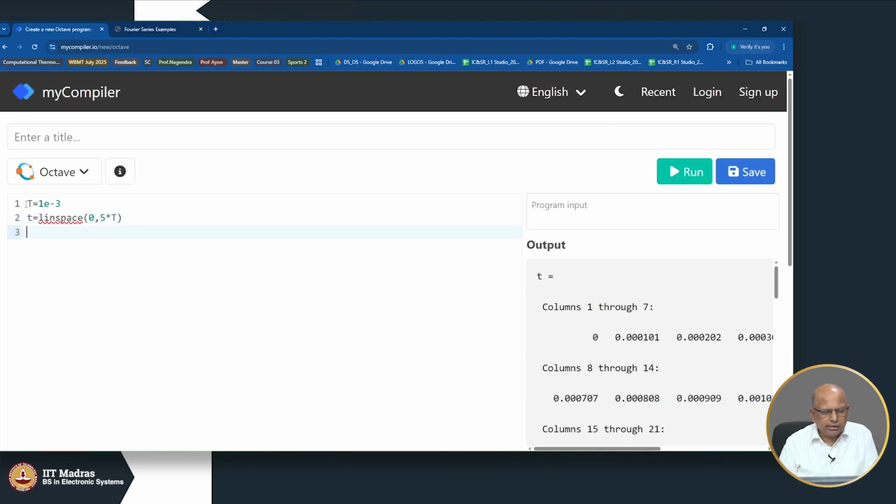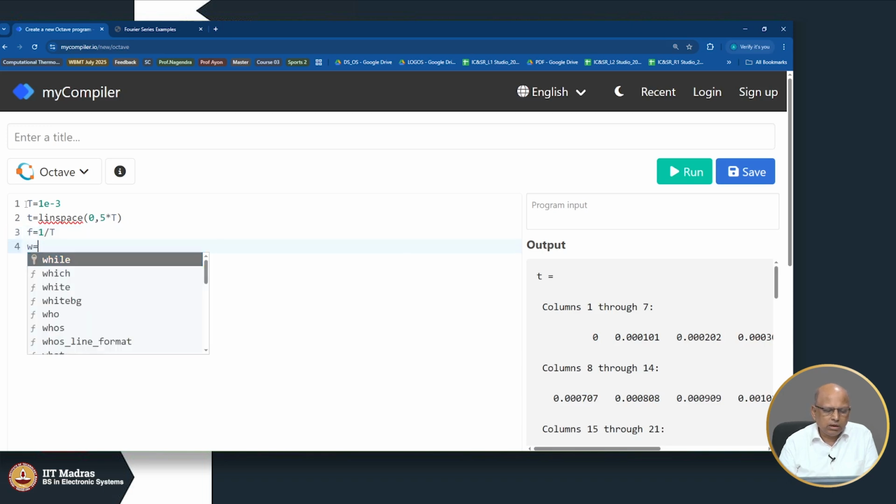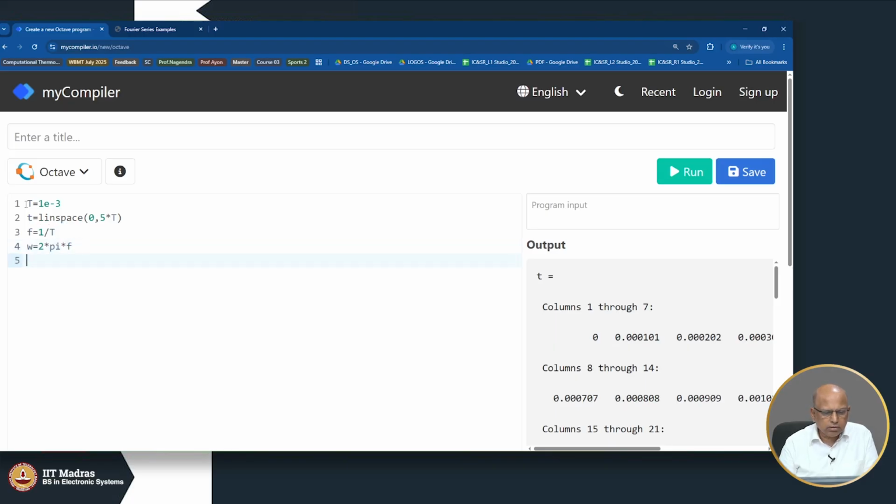And then f is nothing but 1 over t, the frequency. Then omega is 2 pi f, and let us say v is 1 volt peak to peak multiplied by sine of omega t.